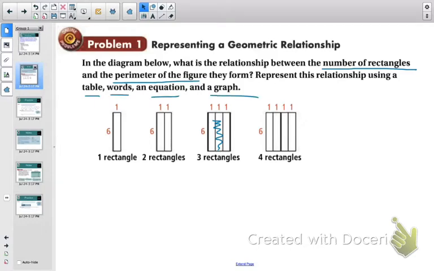So let's do the table first. I'm just going to make a 2-column table here. And we have number of rectangles, and then the perimeter on this side.